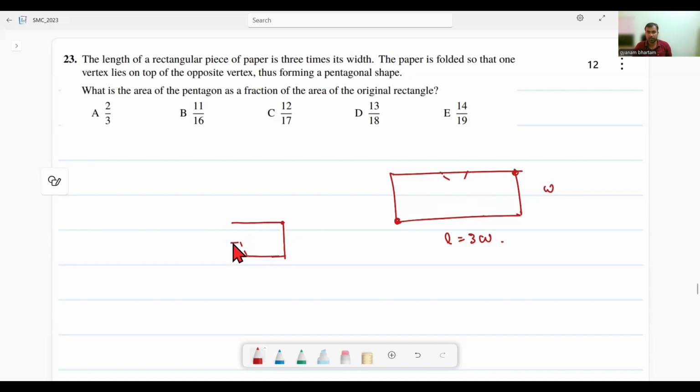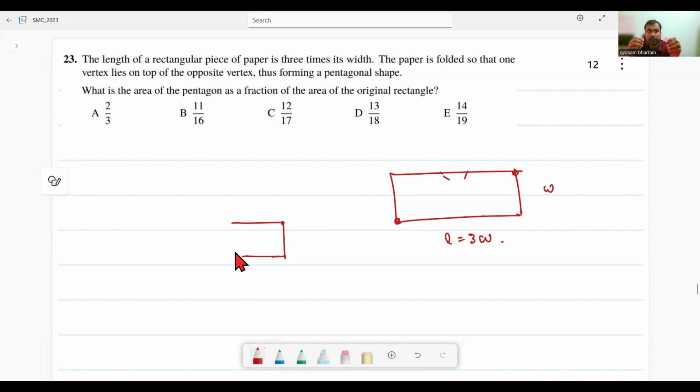Let's do the experiment. I think this is how we can experiment first, easily. So I will show you how to do this. If this is the page and we fold it, simple, we have this type of pentagon.